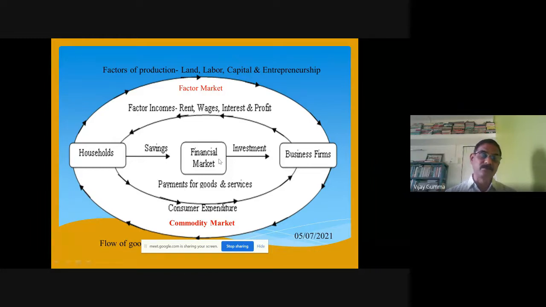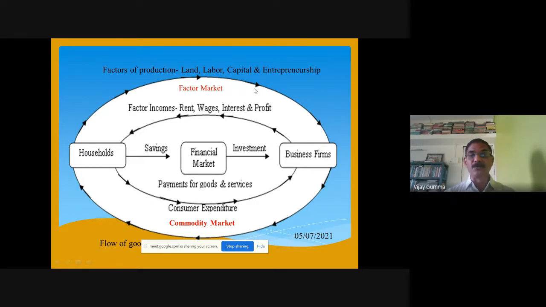Again, the income received by the household sector from the business firm sector in the form of rent, wages, interest, and profit is spent on the purchase of goods and services and gets back to the business firm sector. And thus, one circle gets complete.